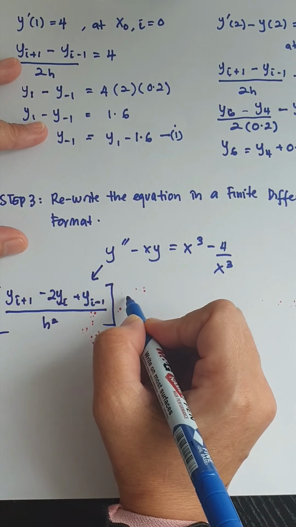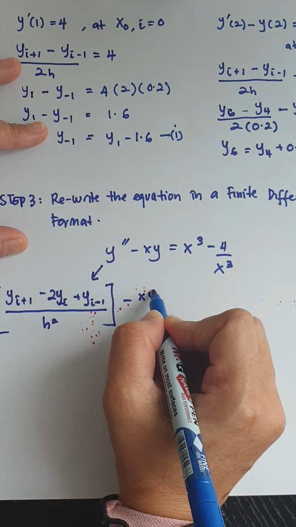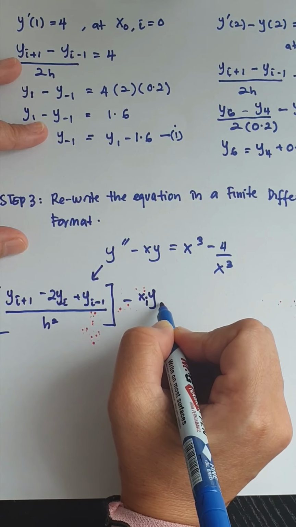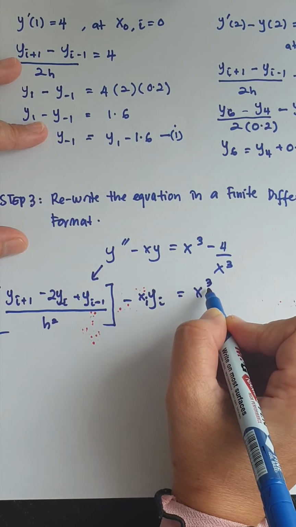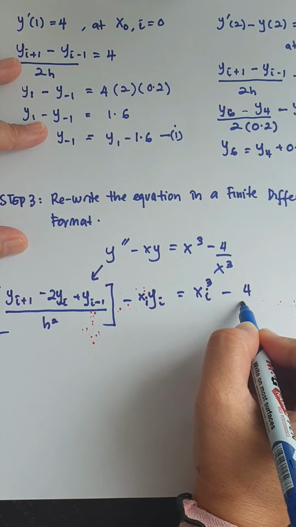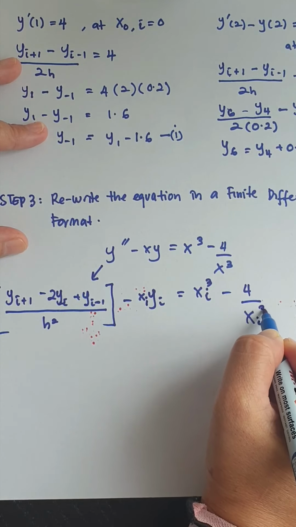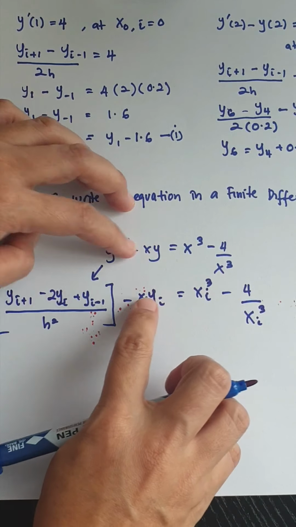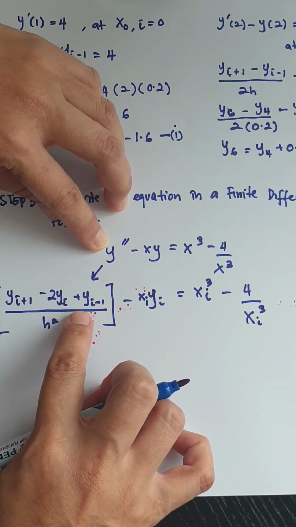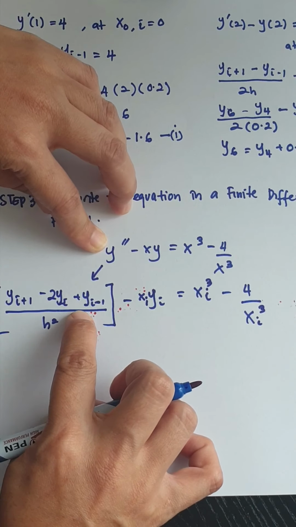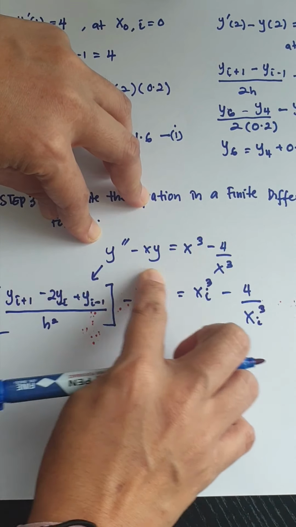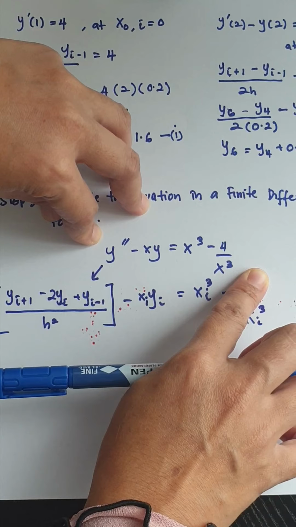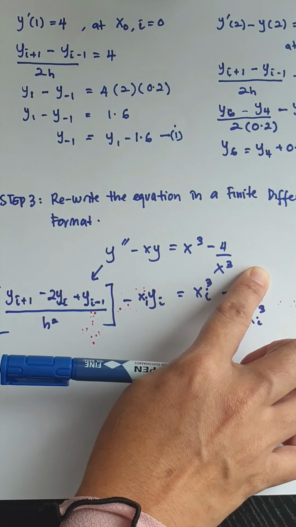And then minus xi yi equal to xi to the power of 3 minus 4 over xi to the power of 3. This is the substitution of the second derivative formula into the original equation of your problem.